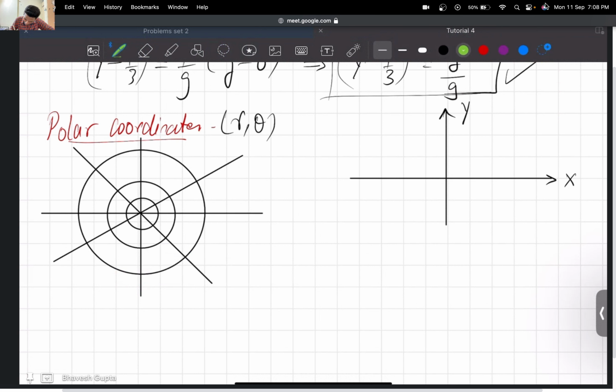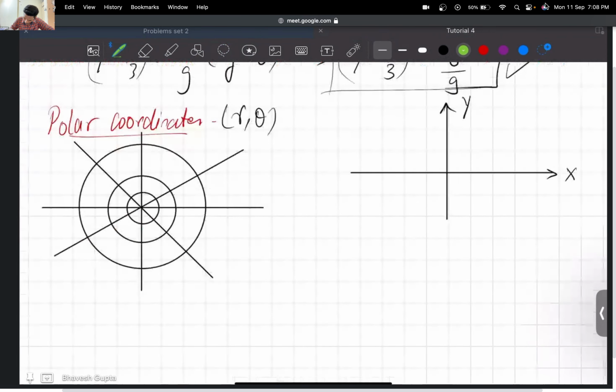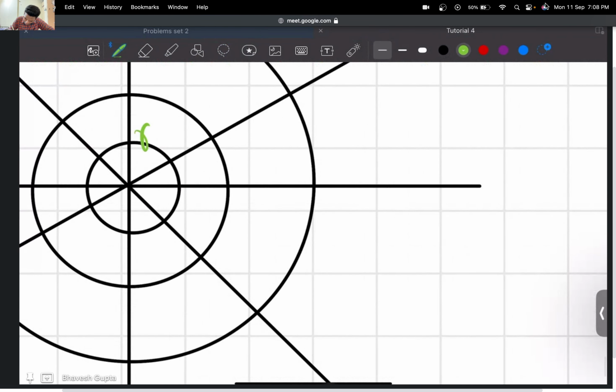For example, the inner circle basically tells you r equal to 1.